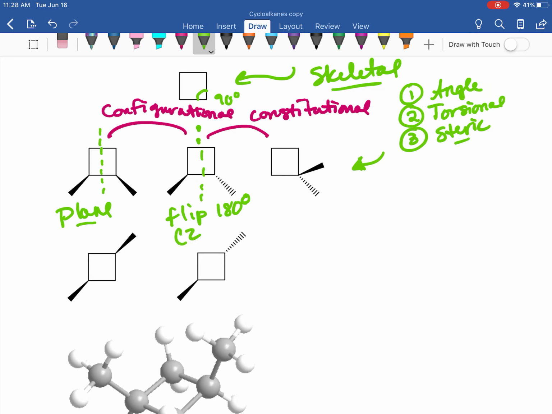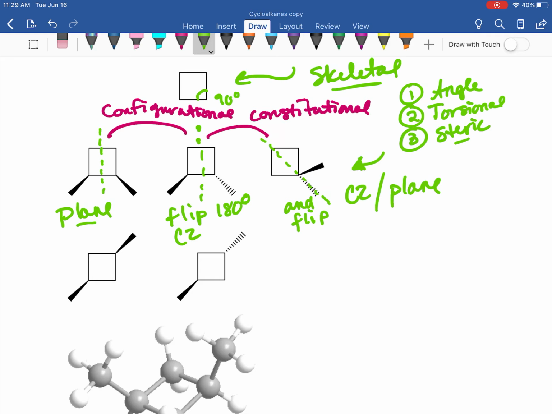This is C2 symmetric. Okay, now here's the trippy one. What about this third one? You actually have a plane right there, and you can flip. It is okay to have both. So in fact, you have both a plane of symmetry and C2 symmetry.